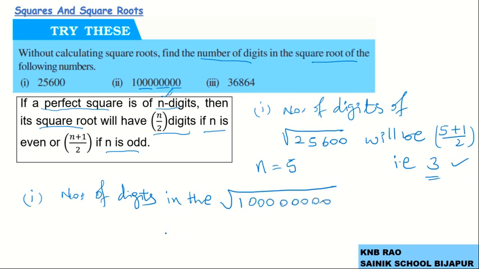That means here n is equal to 9. So how many will be there? It will be 9 plus 1 by 2, that is 10 by 2, which is 5 digits in the square root of this.